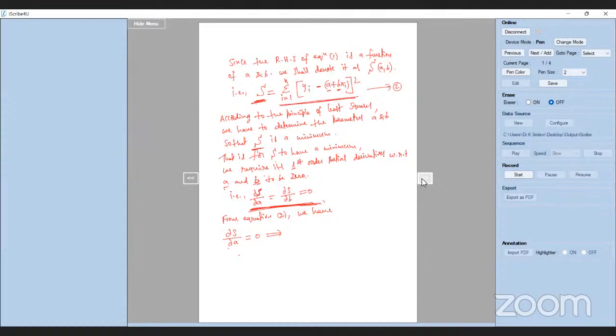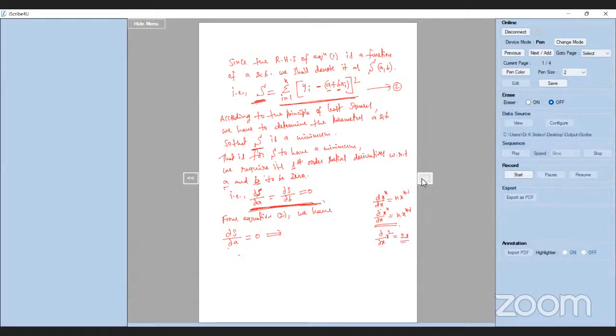You know that the ordinary derivative d by dx of x to the power n is n x to the power n minus 1. Similarly, dou by dou x of x to the power n is n into x to the power n minus 1. So you apply this formula here. For x square, dou by dou x of x square means 2 into x.